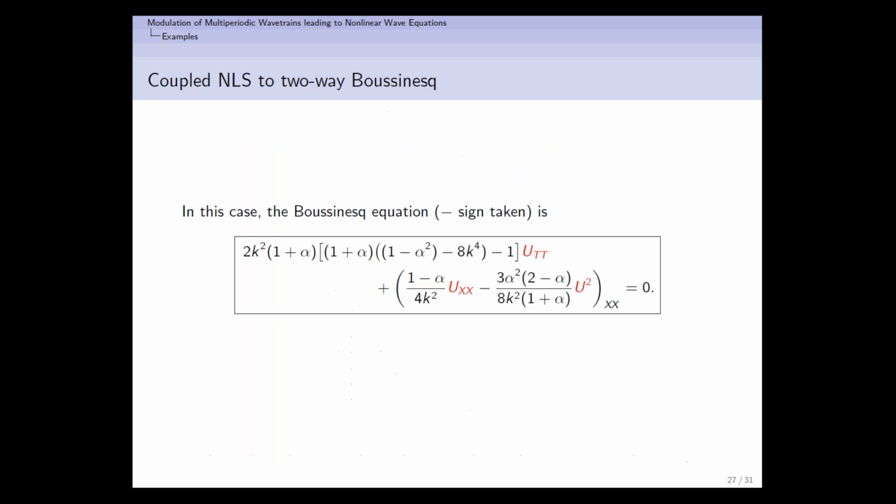Okay. The two-way Boussinesq in this case looks a lot nicer than the previous equations that we've seen. We got very short expressions for the dispersion term. This is non-zero. This is also non-zero. So the only term that can vanish here, and we'll talk about why that's interesting in a little bit, is this term here.